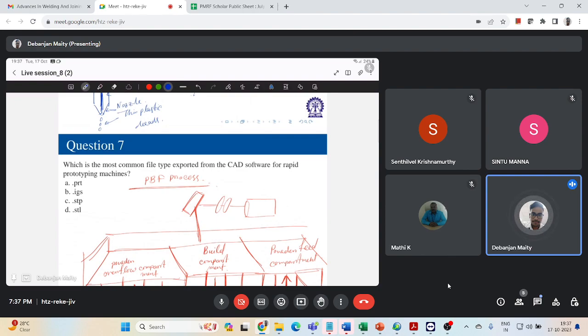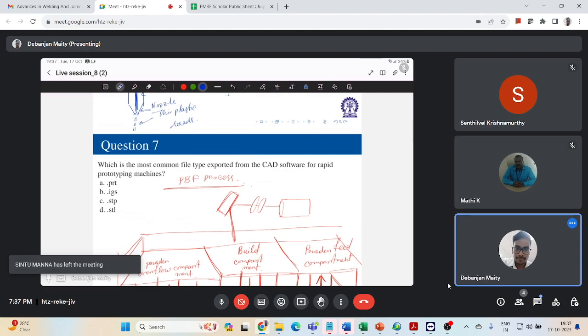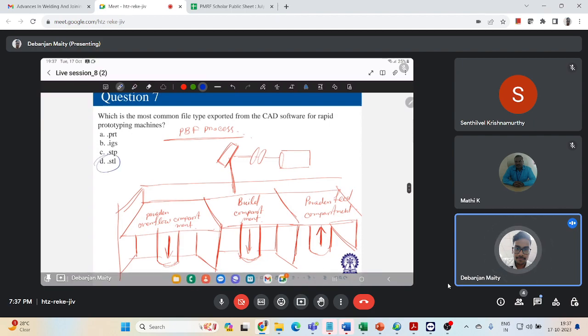Which one will be the correct one? We form it to a .stl file, which needs to be exported.